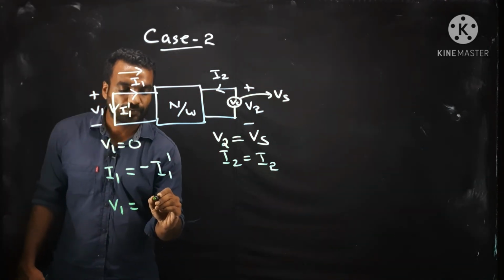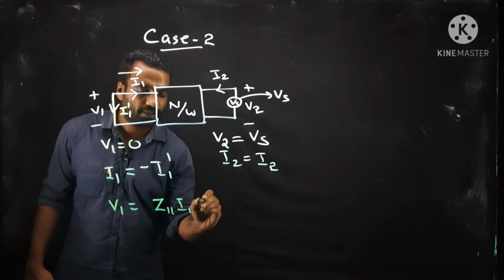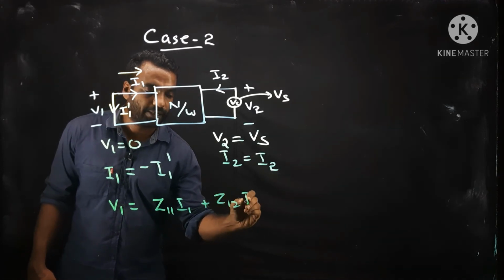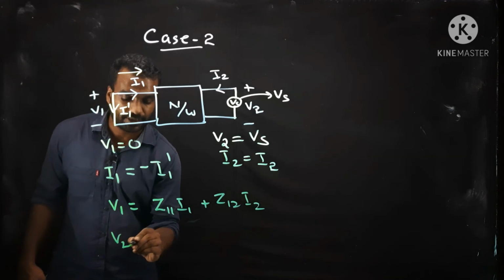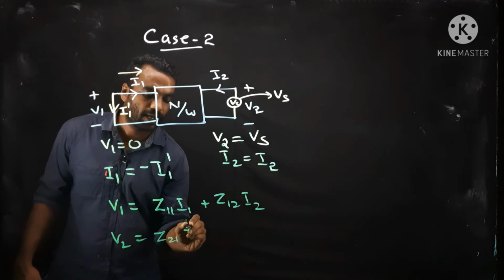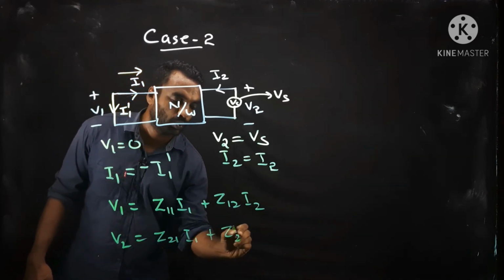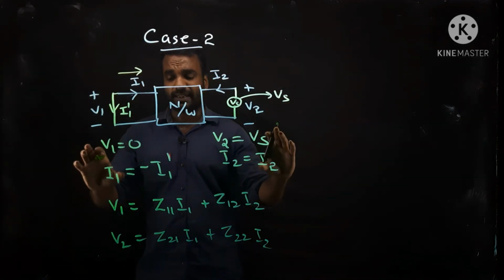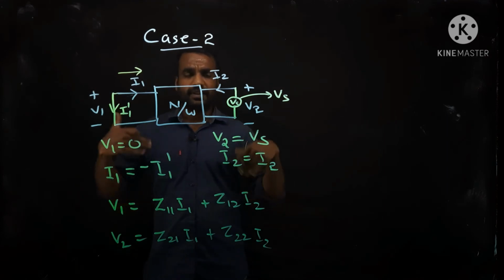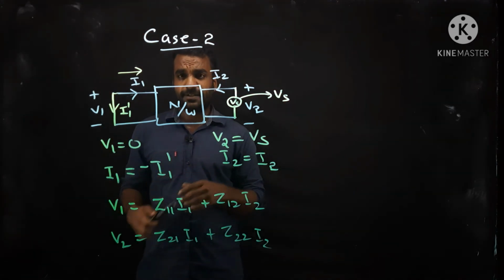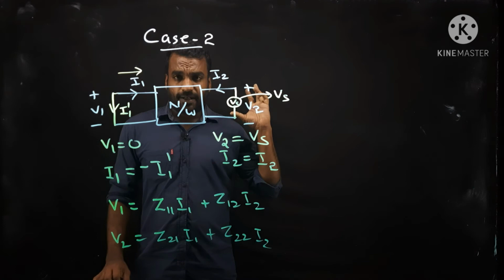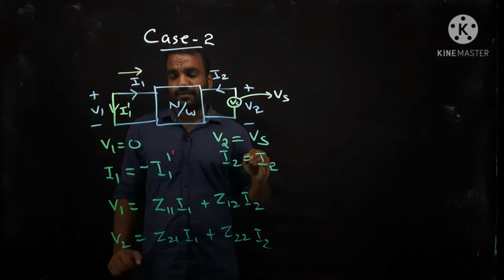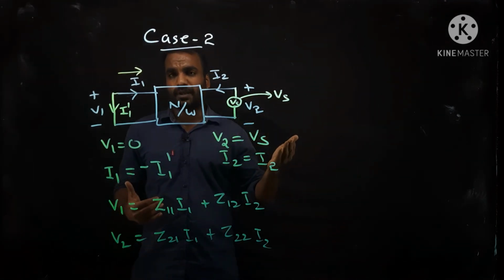V1 is equal to Z11 I1 plus Z12 I2 and V2 is equal to Z21 I1 plus Z22 I2. We want to substitute all these conditions into this equation. Then we want to take the ratio of response to the excitation or current response to voltage source applied.